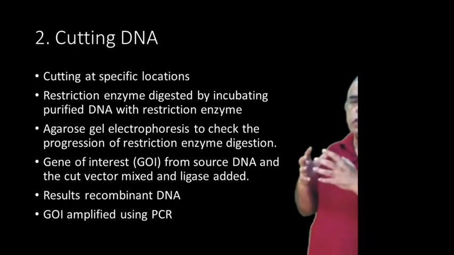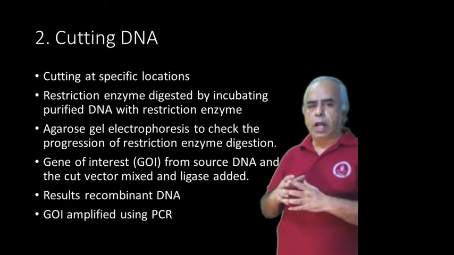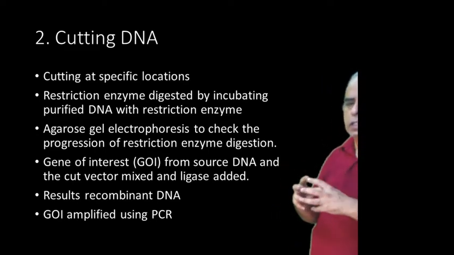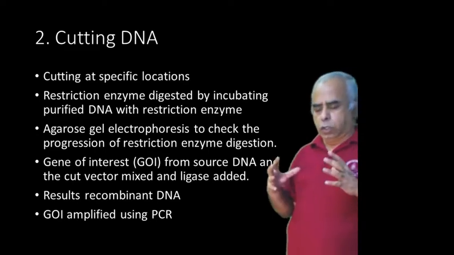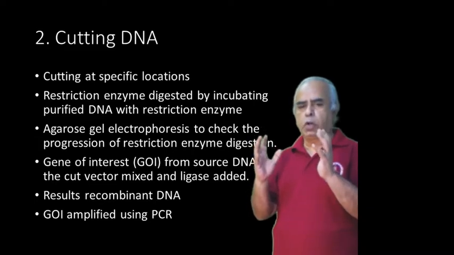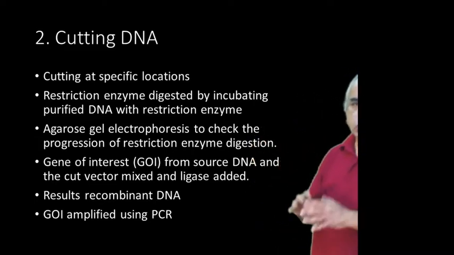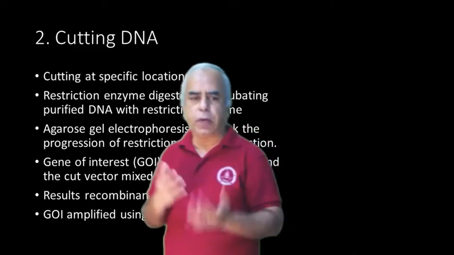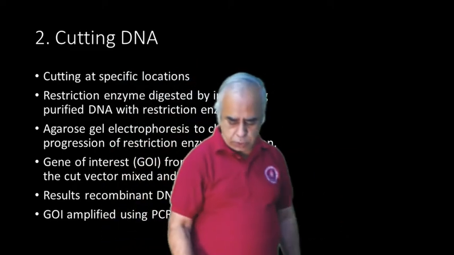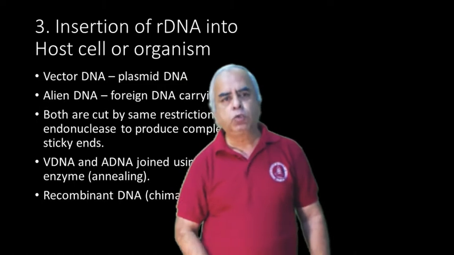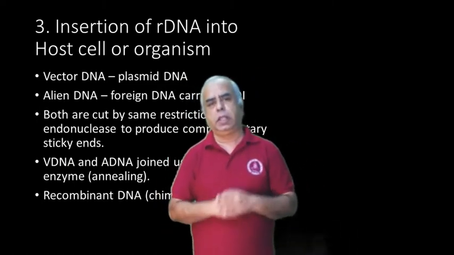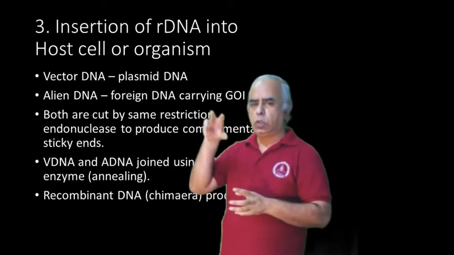That is taken from the source DNA, and the cut vector is mixed and ligase is added, so that we are able to get the recombinant DNA. So this GOI, the gene of interest, is further amplified using PCR. And then insertion of rDNA, recombinant DNA, into the host cell.